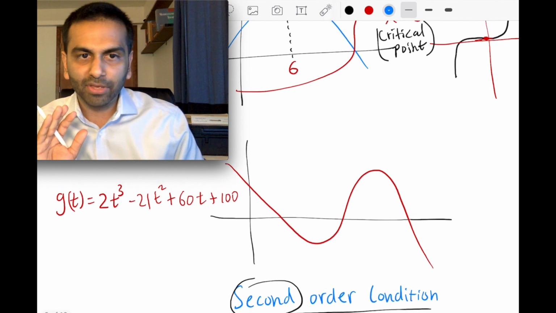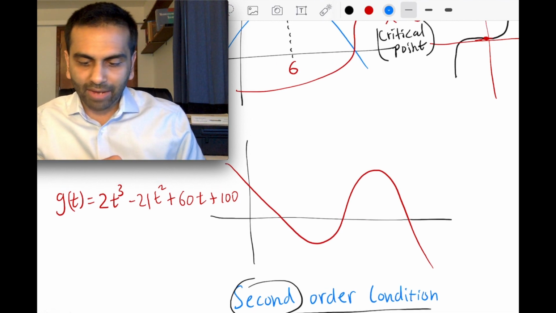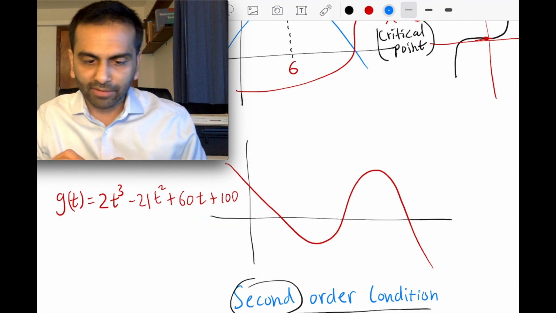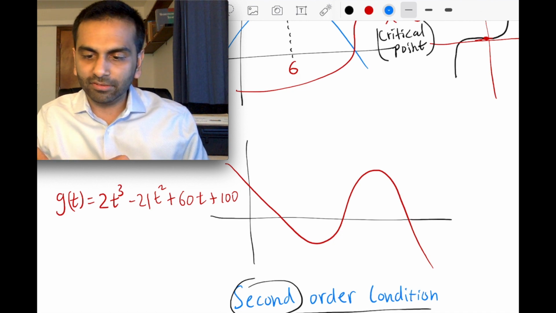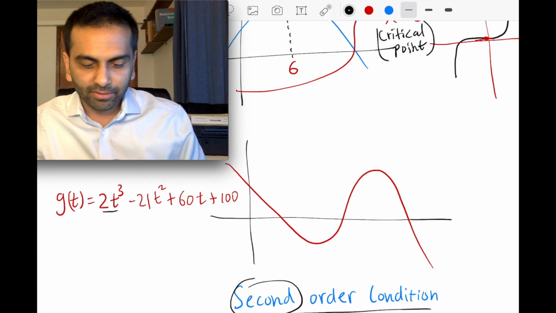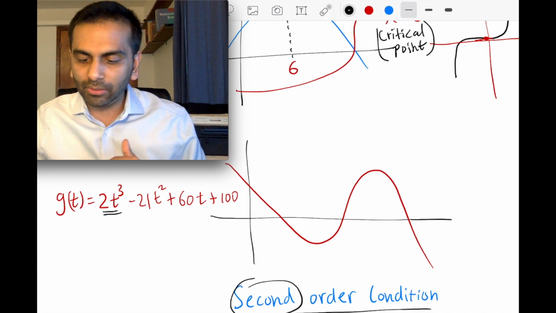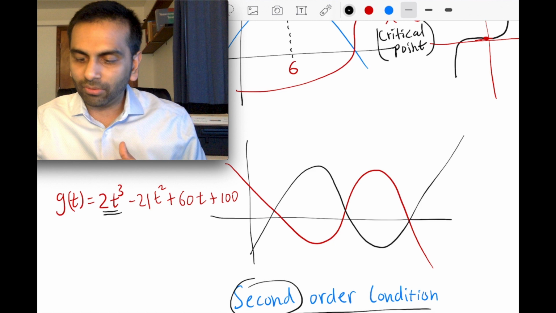Now let's try it with a different example. Let's say you have a graph, and it looks like this, and for now, let's not even assume where the maxes and mins are. This is some cubic function, a third degree polynomial, so we know it might look something like this n shape, but really we don't know if it looks like this, or like this, or what have you.